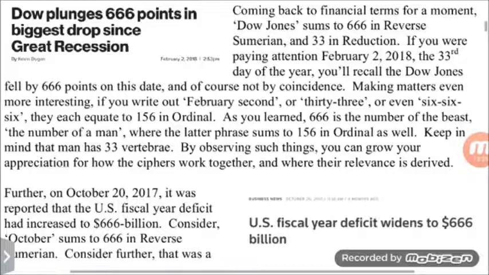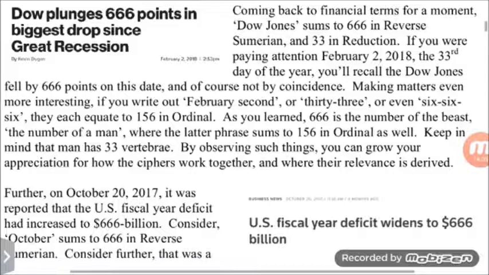Making matters even more interesting, if you write out February 2nd, or 33, or even 666, they each equate to 156 in ordinal. As you learned, 666 is the number of the beast, the number of a man, where the latter phrase sums to 156 in ordinal as well.